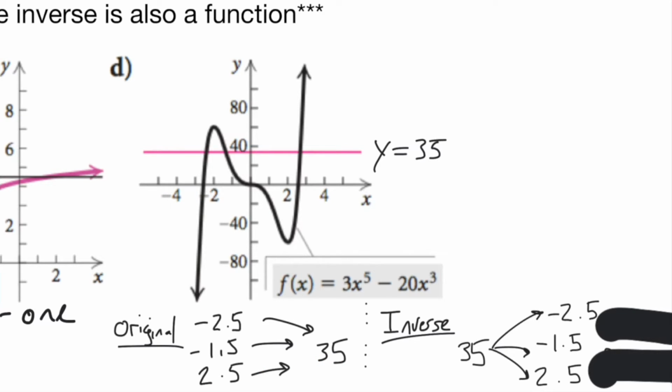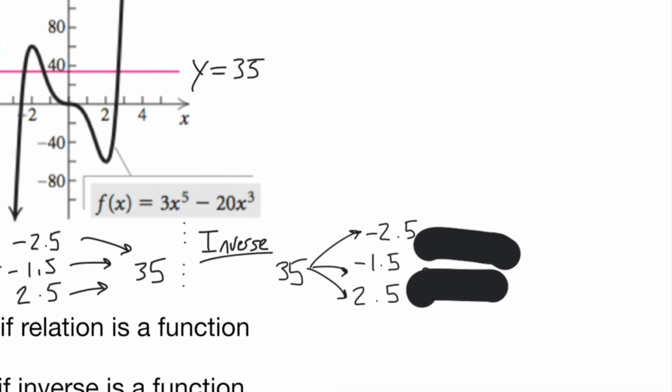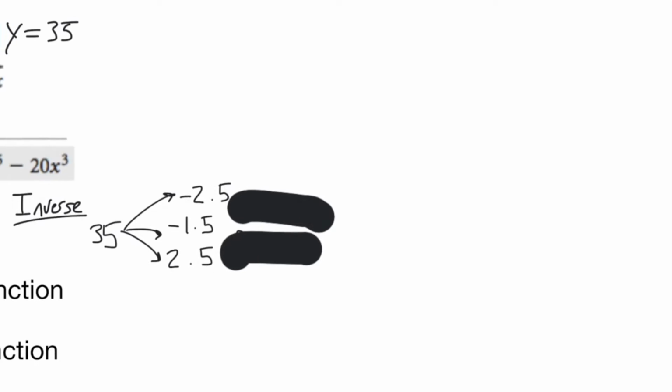So the original is definitely a function. It passes the vertical line test. But now we wonder if it passes the horizontal line test. Because as soon as you take the inverse, all of this gets flipped. All of a sudden we have 35 as an input, and it could have 3 different outputs. So I want you to tell me, is this a function?